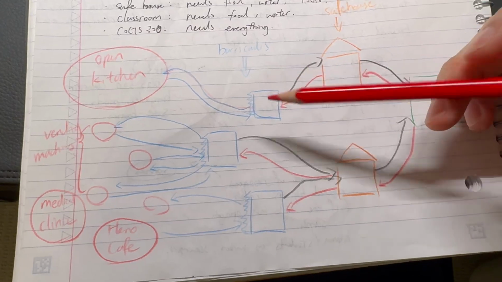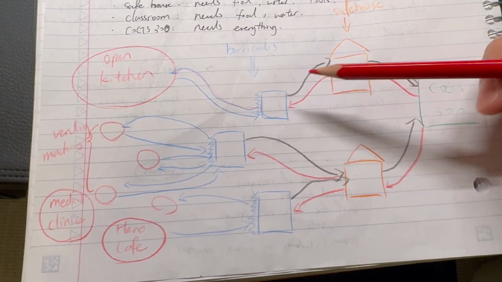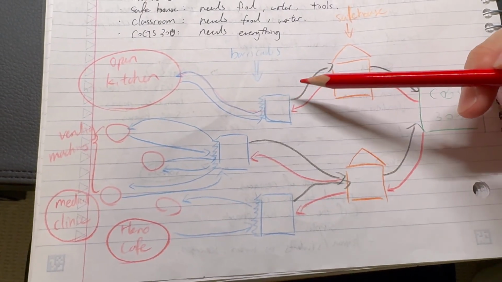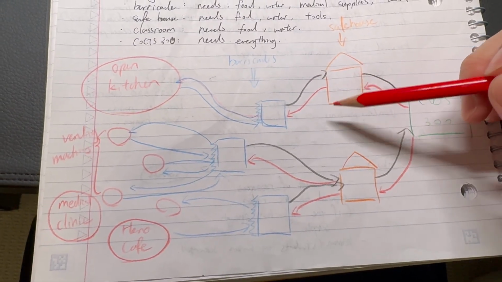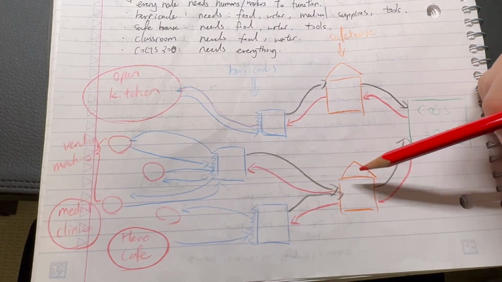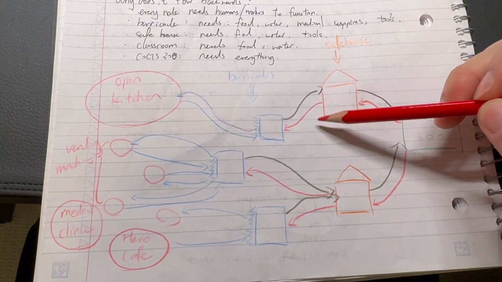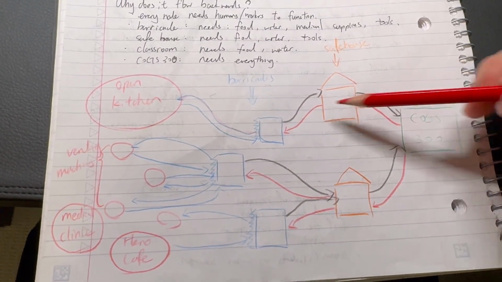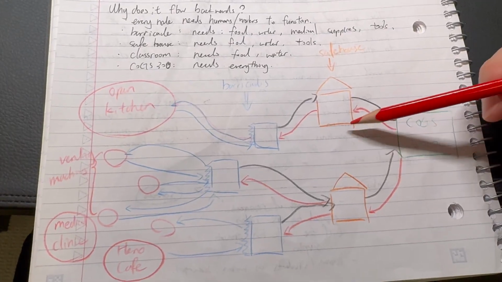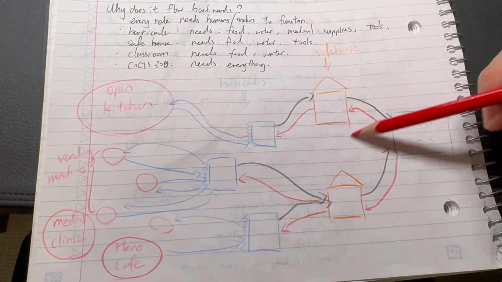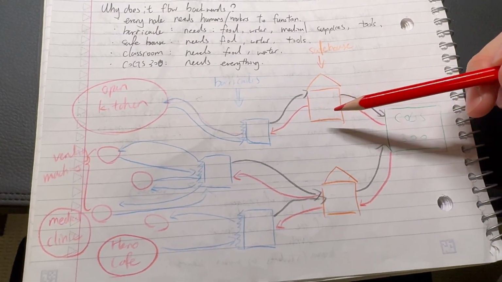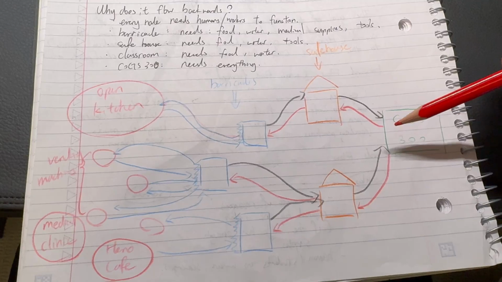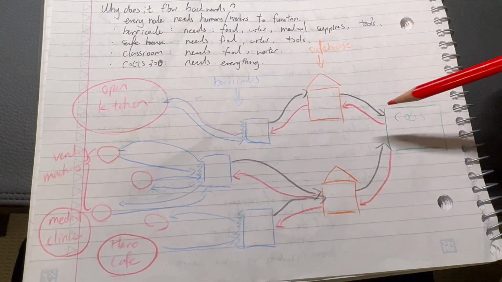Here you can see all the barricade points will send the request for the supplies needed to the safe house. The safe house will collect that data and combine it with the requirement of their own. They will then send a total requirement to the COGS 300 management center.